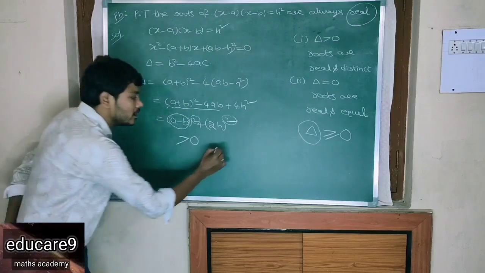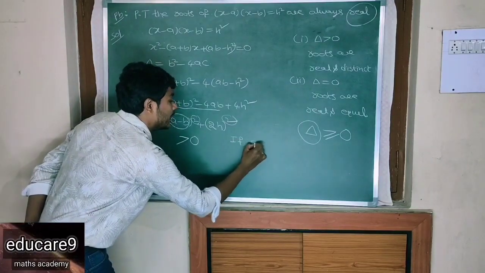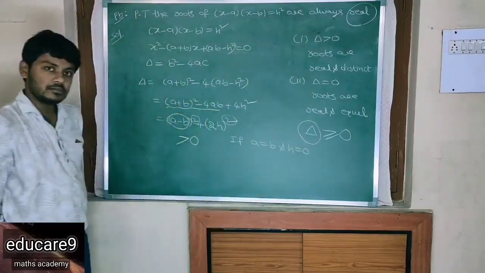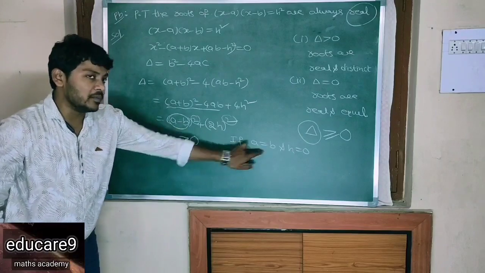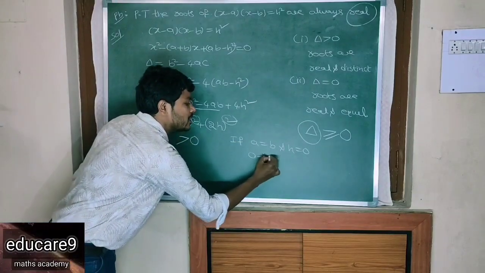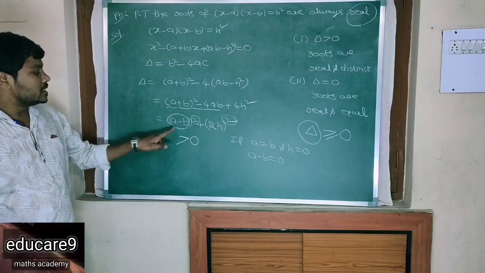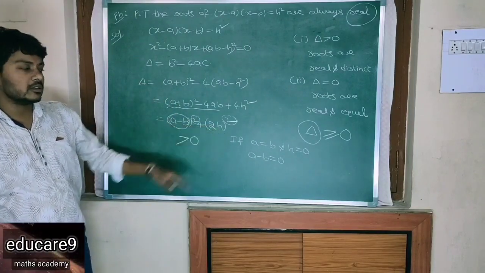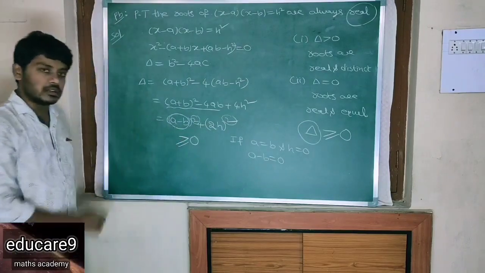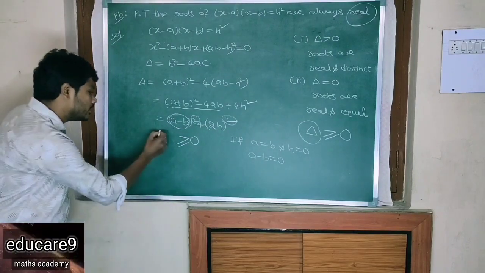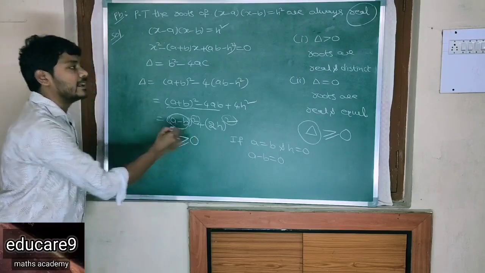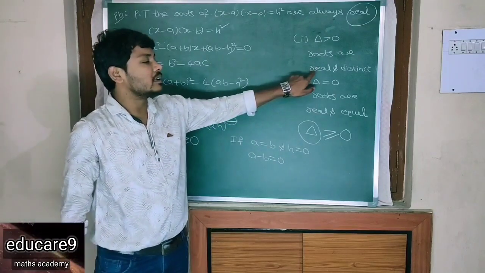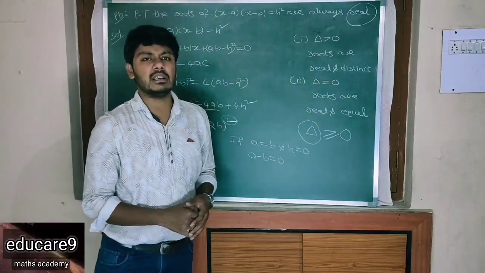And if a is equal to b and h is equal to 0, a is equal to b means a minus b value is 0. This is 0 and this is 0. Then you get delta also 0. Means it is equal to 0. So that is delta is greater than or equal to 0. So in that case, roots are real, either distinct or equal.